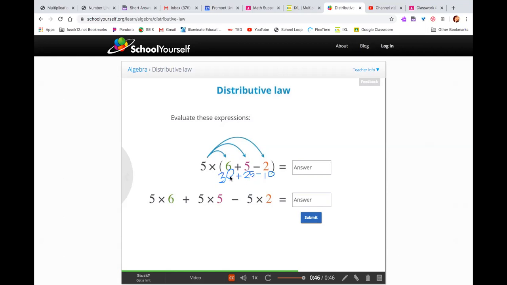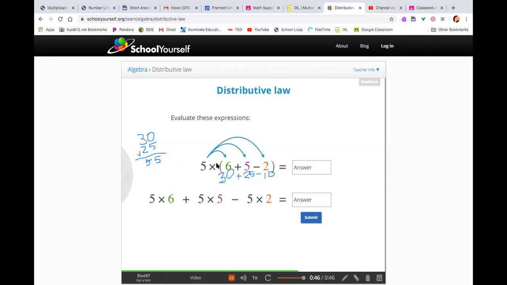Right. So I have 30 plus 25. Always stack that. So 0 plus 5 is 5. 3 plus 2 is 5.